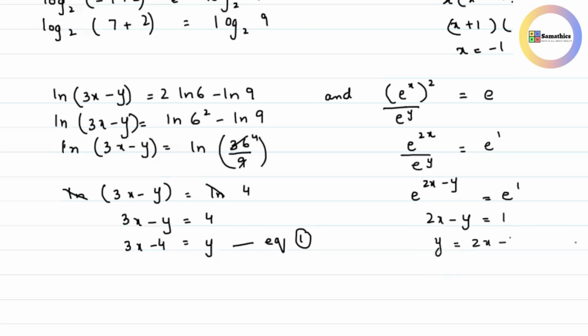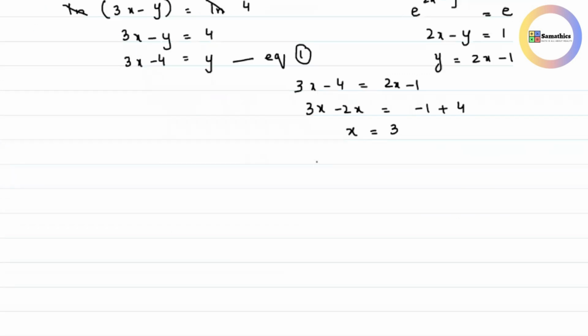This is equation 2. In both the equations you have got the values of y, so you can equate both the values. 3x minus 4 is equal to 2x minus 1. So 3x minus 2x is equal to minus 1 plus 4. So x is equal to 3. When x is equal to 3, then you can find out the value of y as well.